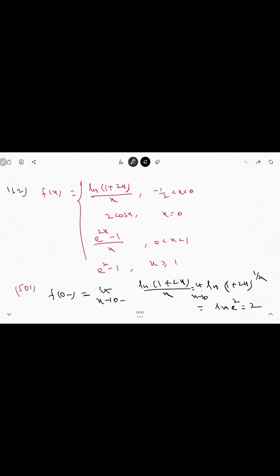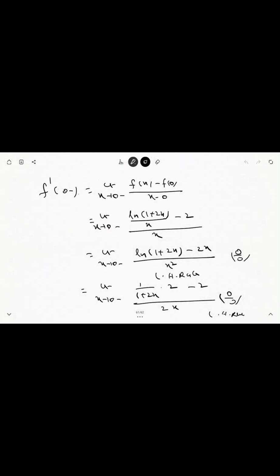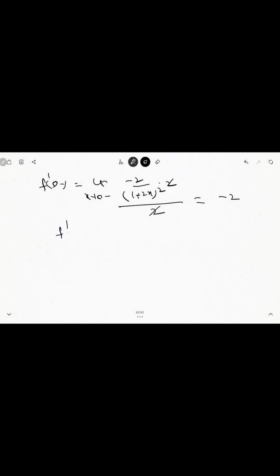So unequal. For f dash 0, we have to see f dash 0 plus also actually, because for the right hand derivative and left hand derivative means 0 minus, 0 plus. Again we apply f dash 0 plus here. You will be getting a different value. You do it. F dash 0 plus, directly I am writing now. You try. F dash 0 plus will be equal to 2.